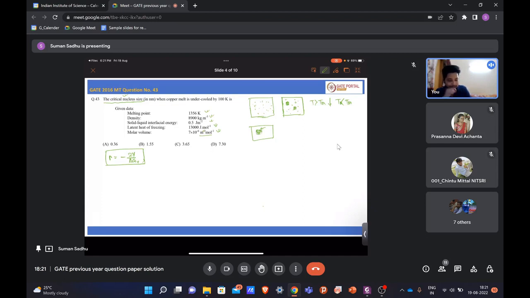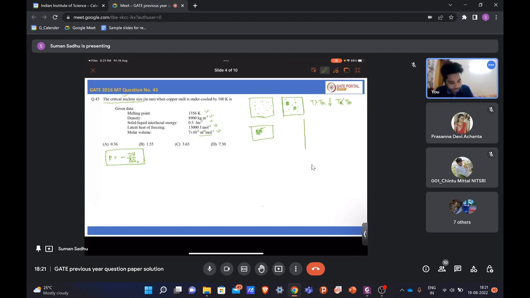This stability is given by the free energy diagram that I will show you later. So the smallest size of this cluster which is stable is known as the critical nucleus size.